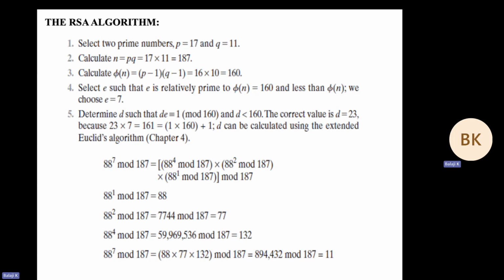Then once I know the e value, then I need to calculate the d value. So d e equal to 1 mod 160. Here also randomly I can substitute the d values which satisfy that condition. So I got d equal to 23. Then I can convert C equal to M power e mod n. I can substitute any value so that I can convert it.